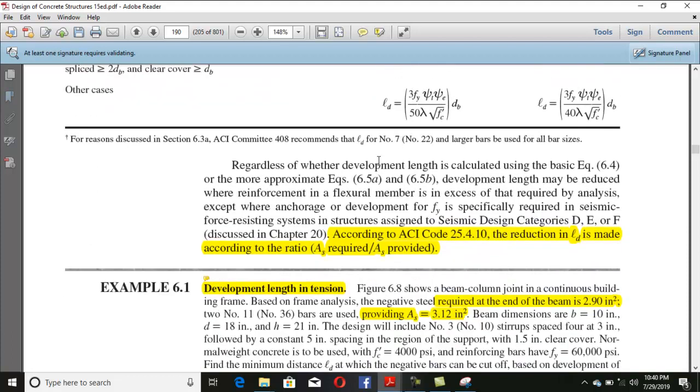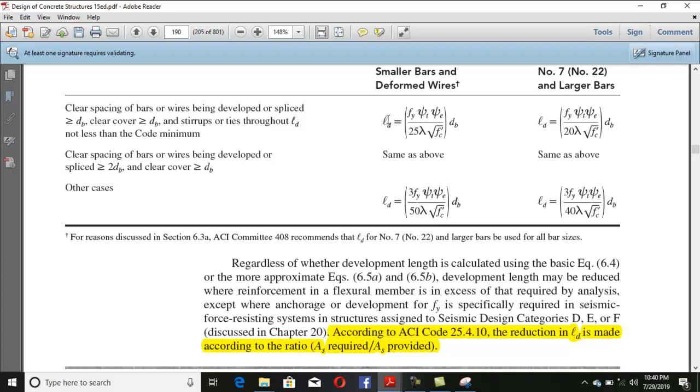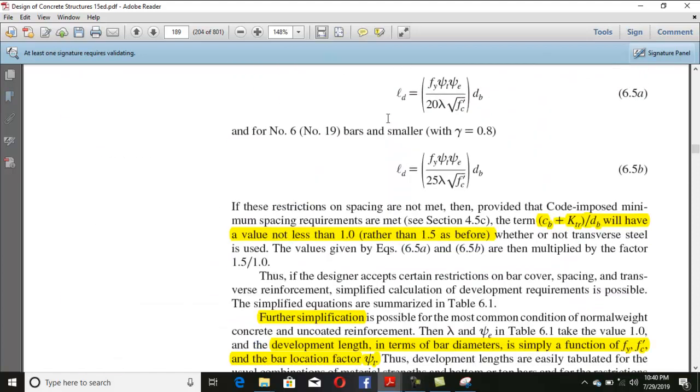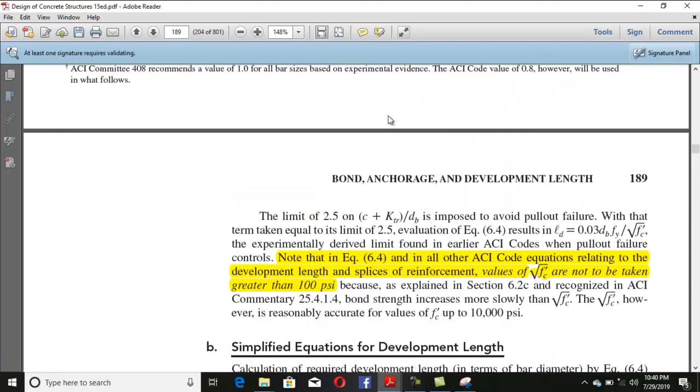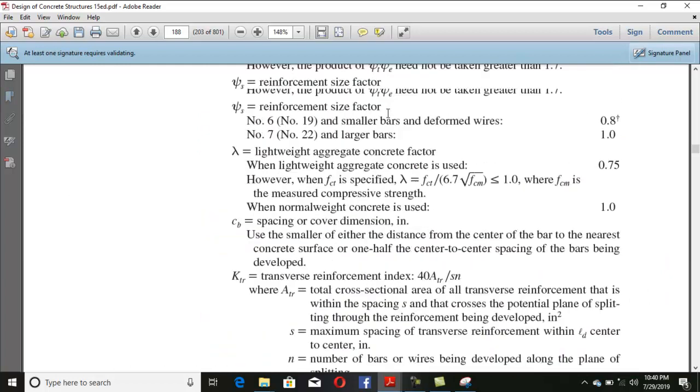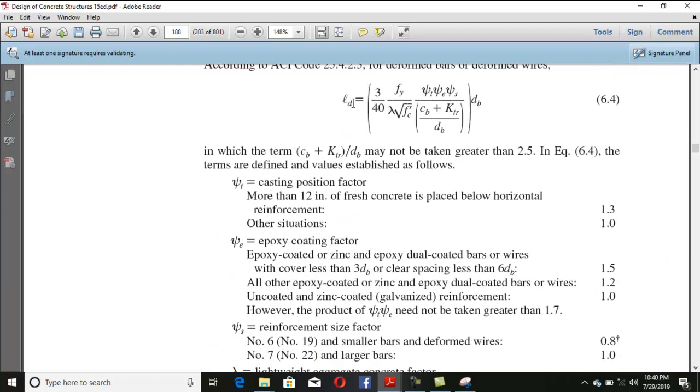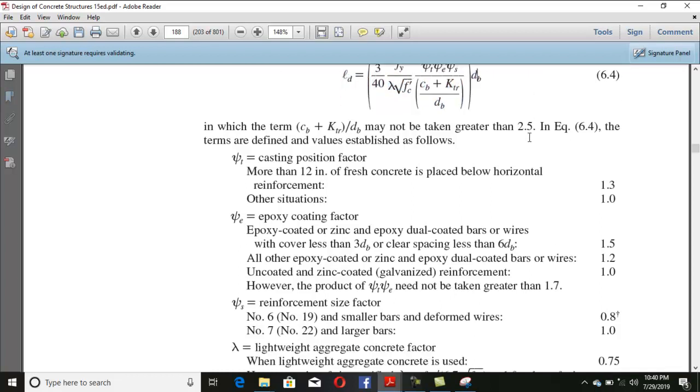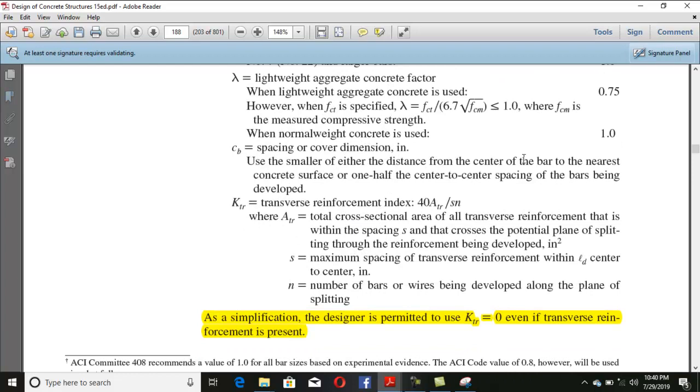But it should be remembered, it is very important, that the most accurate answer for development length can be obtained from this equation. This is the basic equation, and the other ones are approximate equations.